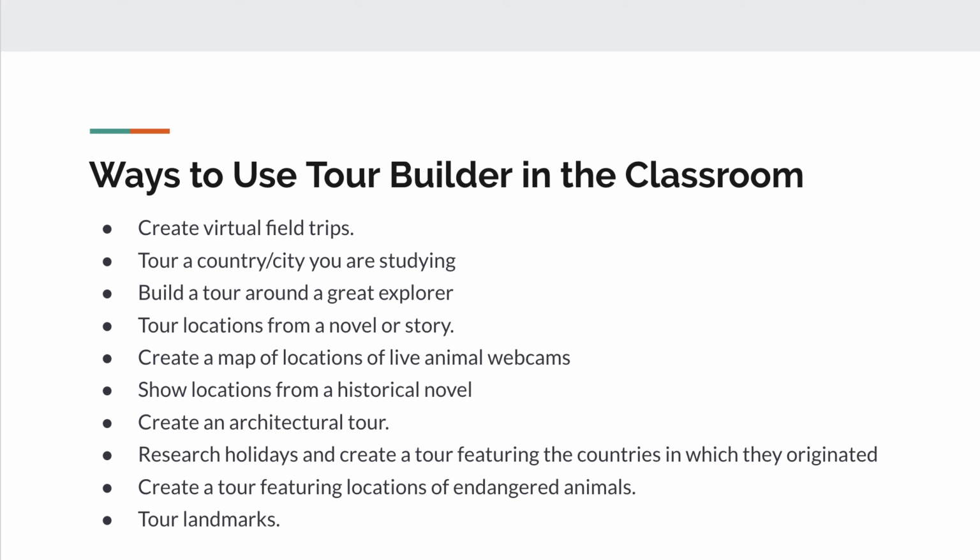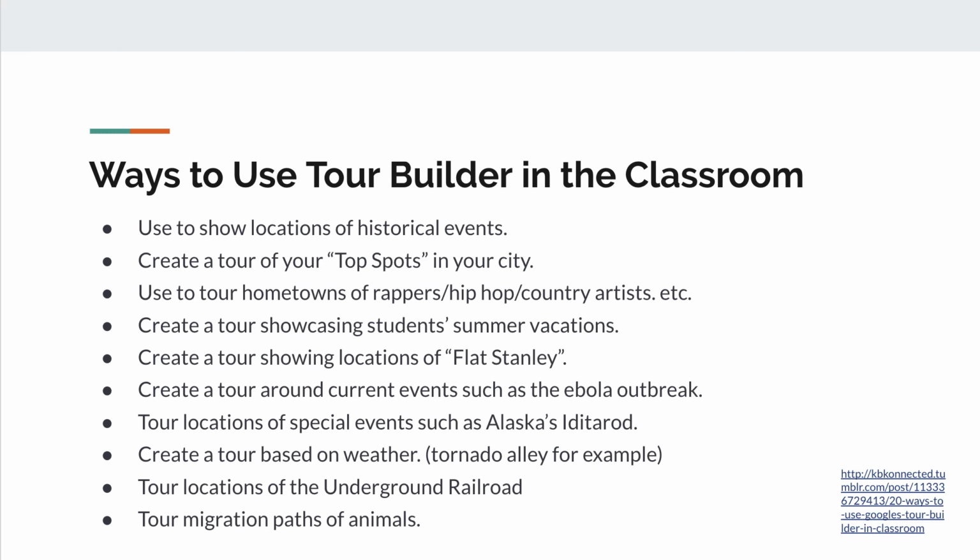You could tour famous landmarks. You could show locations of historical events, create a tour of your top spots in your city or your community. You could use it to tour hometowns of famous artists. You could use it to tour students' summer vacations where they went. Those of you who do Flat Stanley, you could tour where Flat Stanley's traveled.